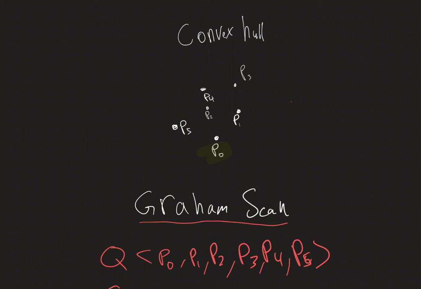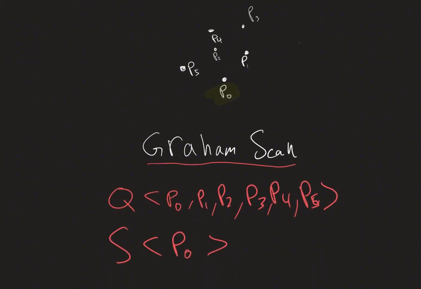This gives us the guarantee that our point is part of the convex hull, because there are no other points lower than it. Then we sort our set of points by measuring the angle of all the other points in relation to our initial point.